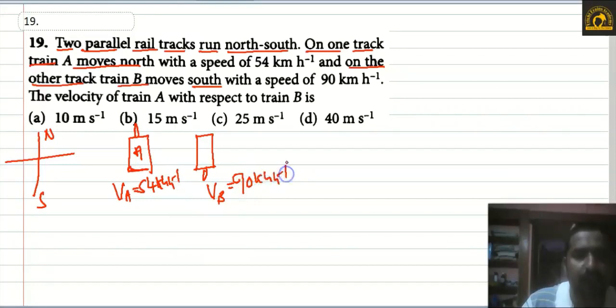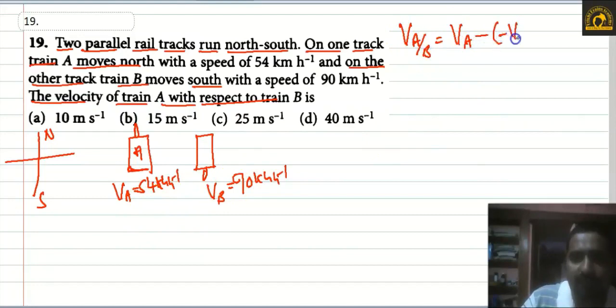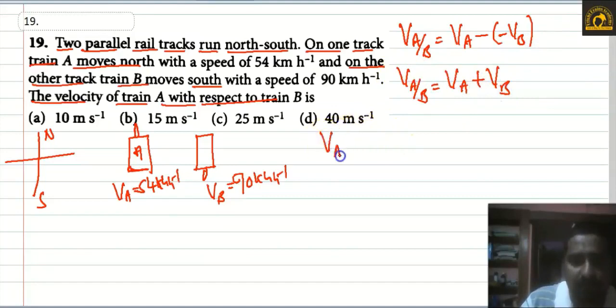90 km per hour. Find the velocity of train A with respect to B. Both are in opposite directions, so the velocity of A with respect to B is the velocity of A minus the velocity of B, which becomes the velocity of A plus the velocity of B. So it is 54 plus 90, equal to 144 km per hour.